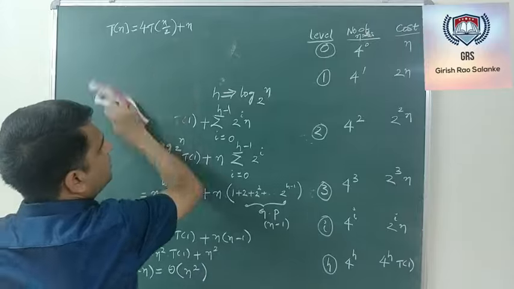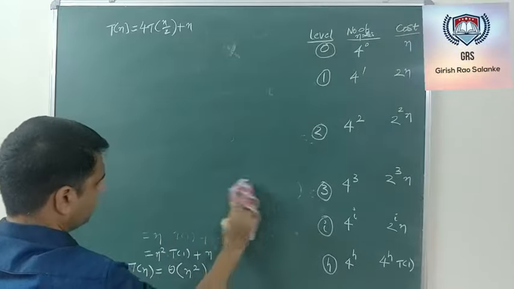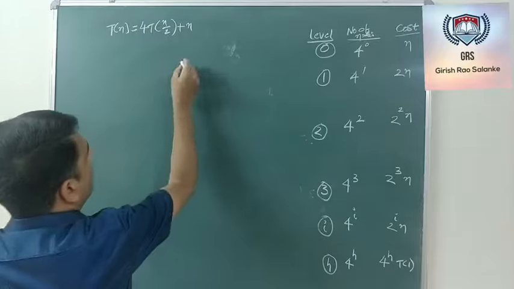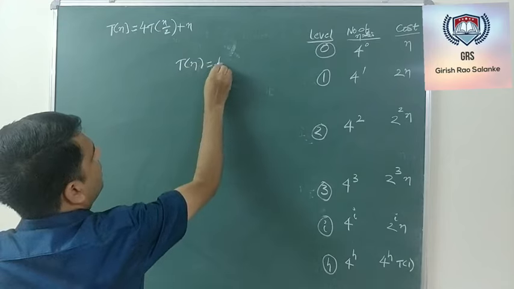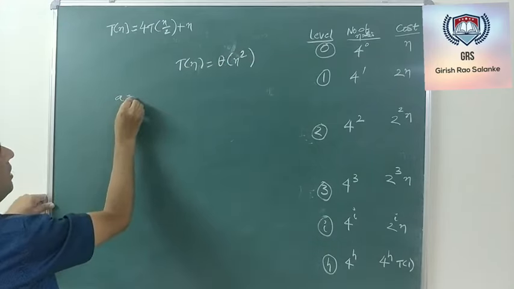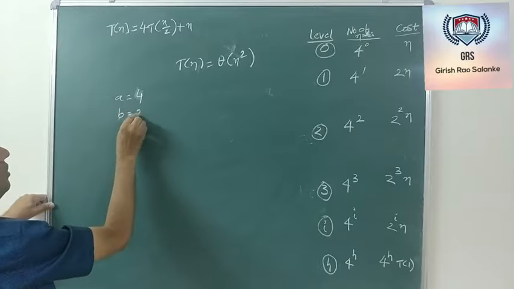How to check this with the master theorem method? Let's check this. The answer that we got using the recursive tree method was T of n as theta of n square. Now, apply the master theorem. In order to apply it, I need to find the values of a and b. A value is 4, b value is 2.